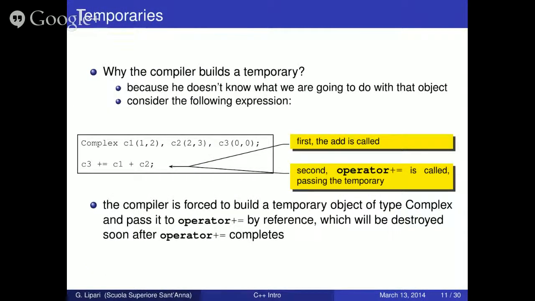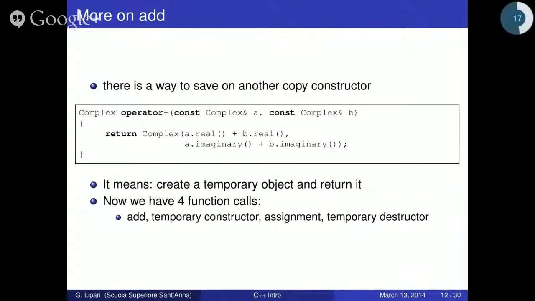The temporary is useful because at this point the compiler does not know what is actually happening, so how the complex is going to be used. Maybe it's going to be used as one element of a very large expression, or maybe it's going to be assigned immediately to another variable.